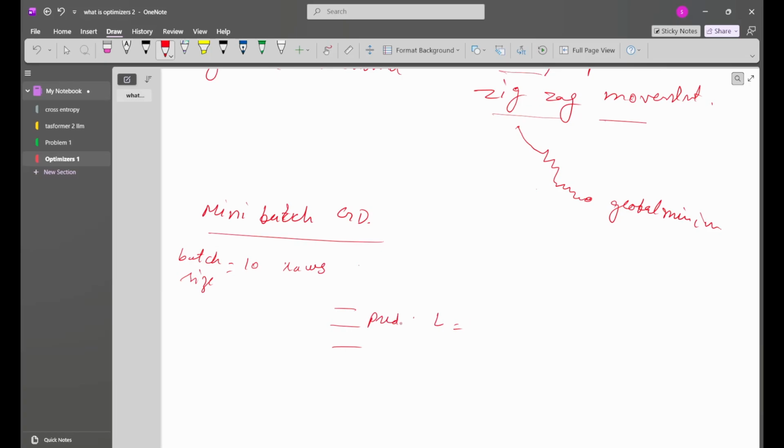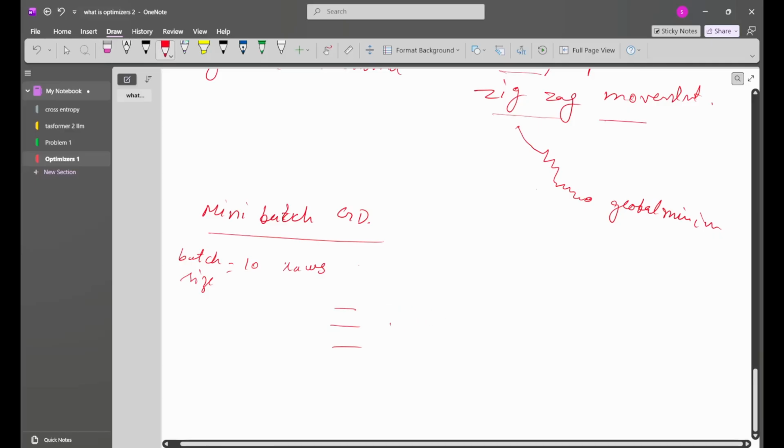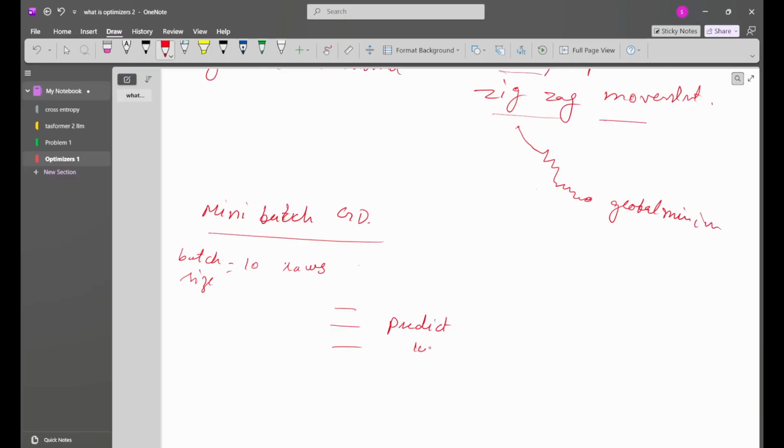In this case, we predict 10 prices, compute loss, compute gradients, then update weights. Using mini batch gradient descent, batch size can be any number.